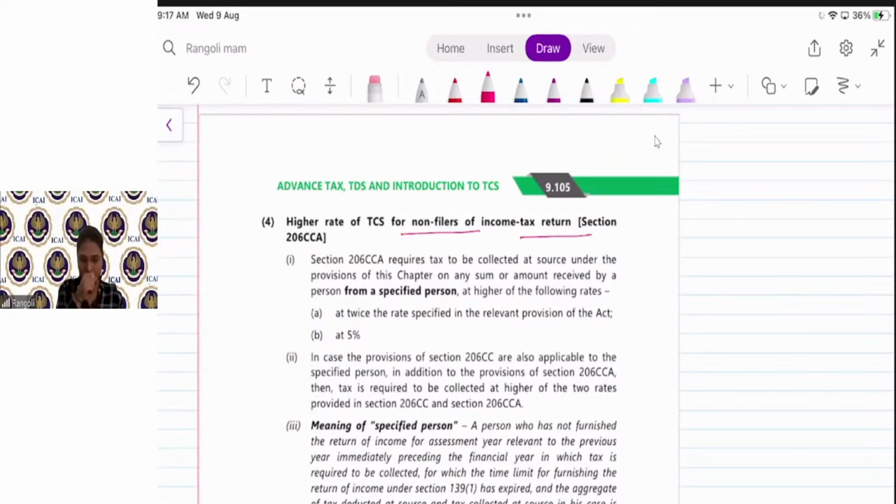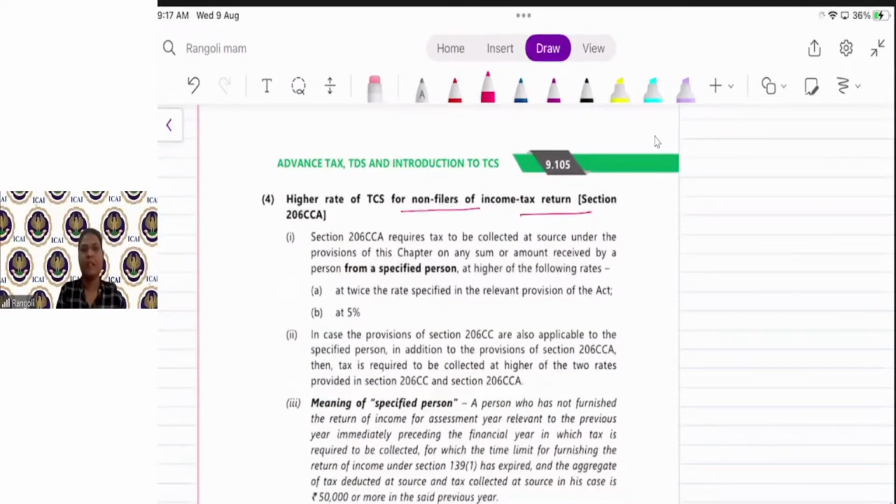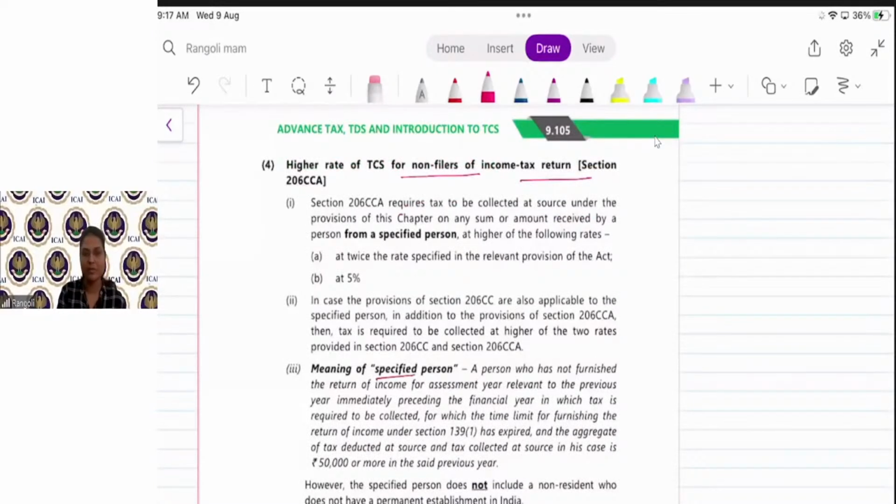See, if the specified person, meaning a person who has not furnished the return of the last assessment year and the due date for furnishing return of income for the last assessment year has expired, and in the last assessment year the total TDS or TCS on account of that person is more than 50,000 rupees, then in the current year the seller will collect TCS at the higher of 5% or twice the rate prescribed in the provision of the Act.